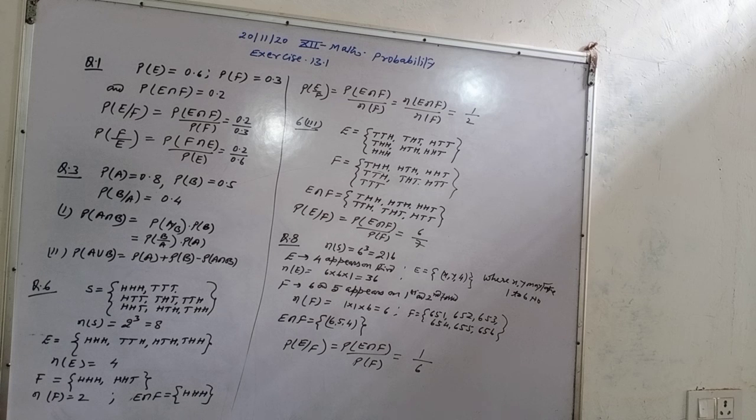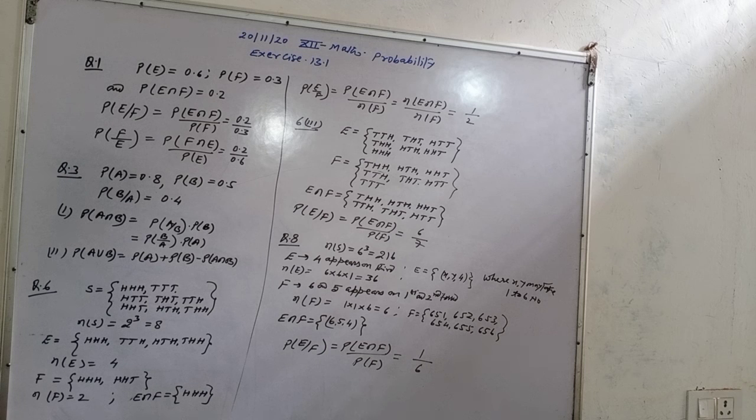So write the events E and F from S, then write E intersection F, meaning common in both E and F. Here the number of outcomes in E is 4, the number of outcomes in F is 2, and in E intersection F there is only one outcome common, HHH.